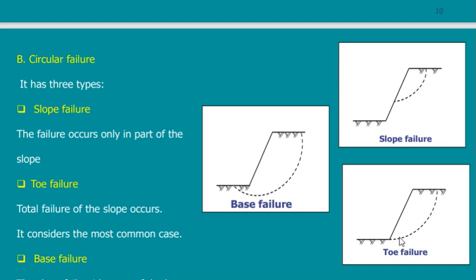All of this will fall. Or base failure. It means that the failure will not only reach this point with all of what is above falling. No, there will be a circle that will slide and take part of the buildings or part of the land below with it. So this is a base failure.